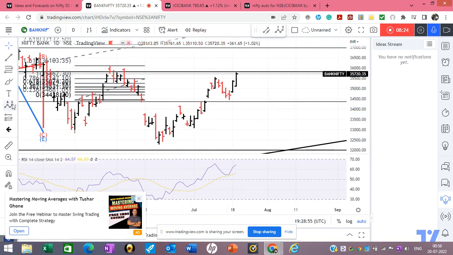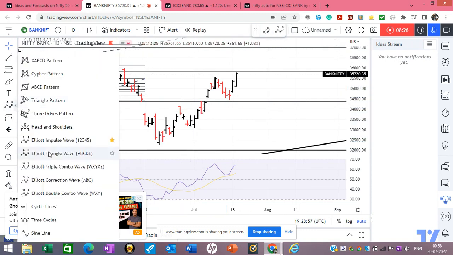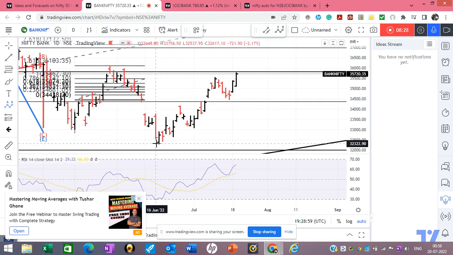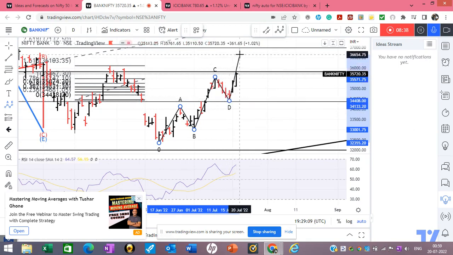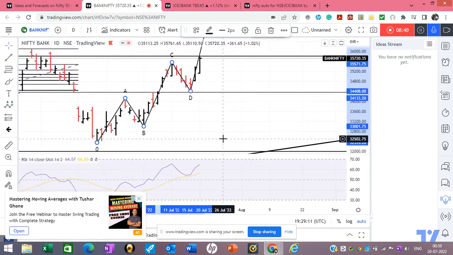Let me just take this triangle here. This is A, B, C, D, and E. So 5 wave move is up. One, two, three, four, 5.